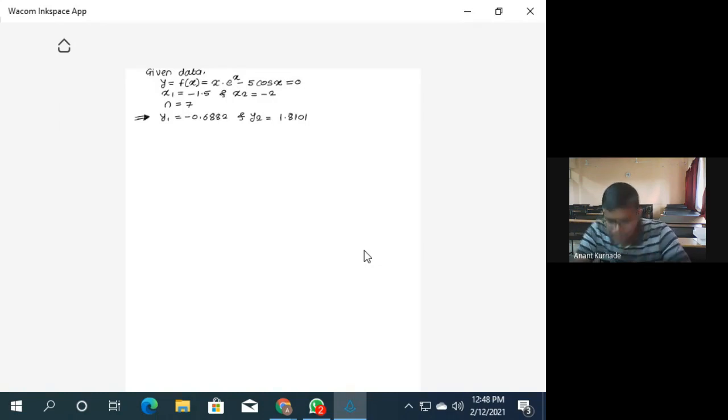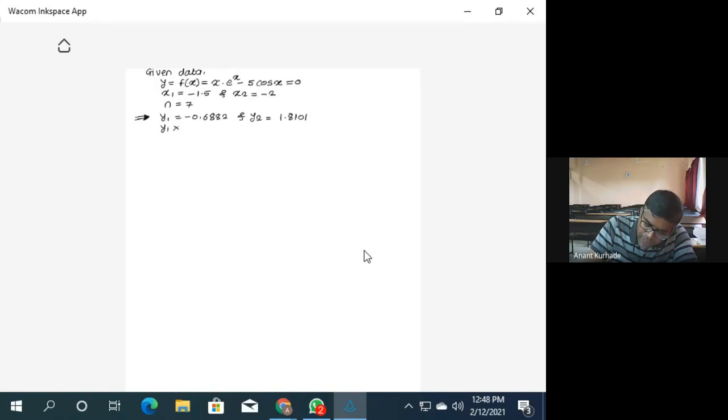By observing these two values, y1 and y2, what can you say about the given x1 and x2? Are these two values correct or wrong? Correct, as one is negative and one is positive. But you have to show their product.